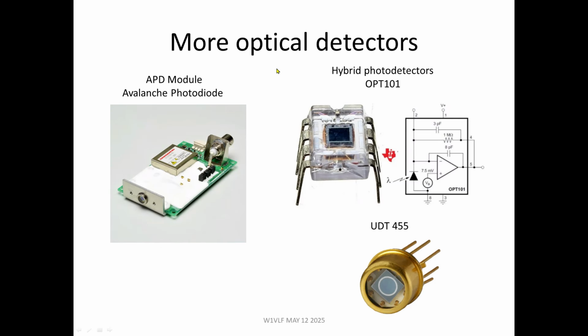But more optical detectors, right? These are called hybrids. Hybrid meaning that there's a diode and an amplifier in the same package. The problem with these, depending on which one, you can look up the specifications and whatnot.